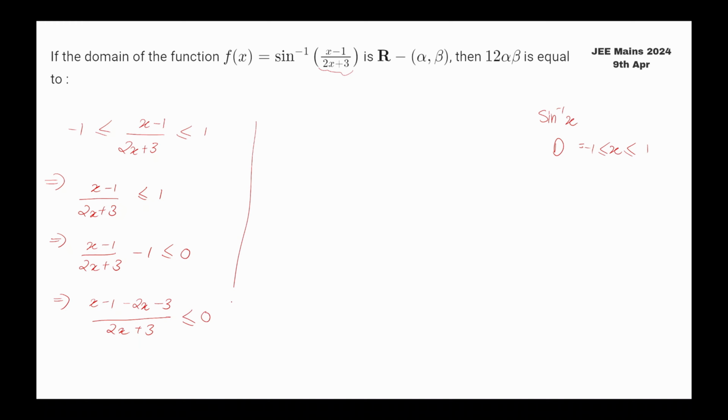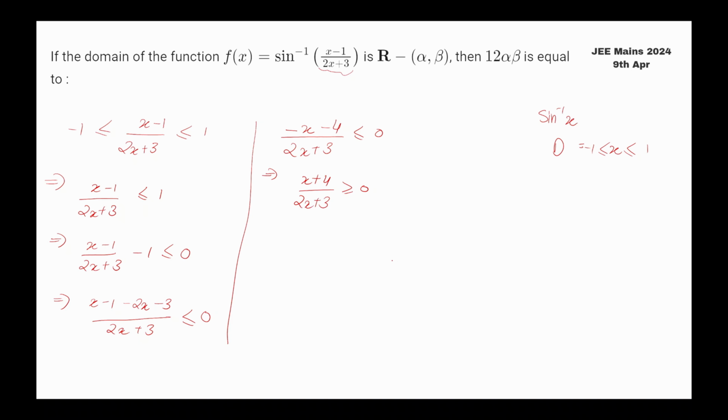So from here what do I get? This becomes (minus x minus 4) upon (2x plus 3) less than equals to 0. So now if I take minus common and remove it, it would become (x plus 4) upon (2x plus 3) greater than equal to 0. Now my sign of inequality would change. So this is for the first portion that I'm getting.